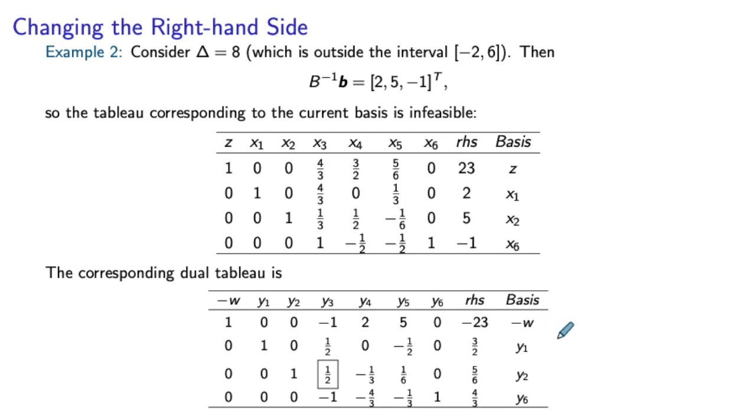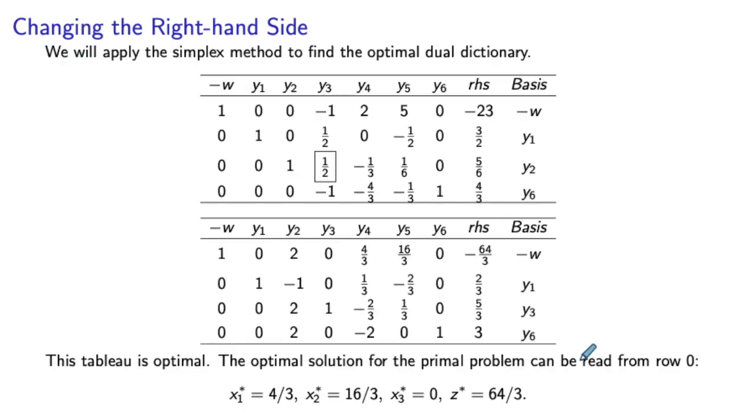And the corresponding dual tableau is actually feasible, and we can solve the dual problem in order to find the new optimal solution. So once you have this dual tableau set up, you just apply some iterations of the simplex method. So this is where we start, we apply one iteration and we get the new optimal solution for the dual in just one iteration.